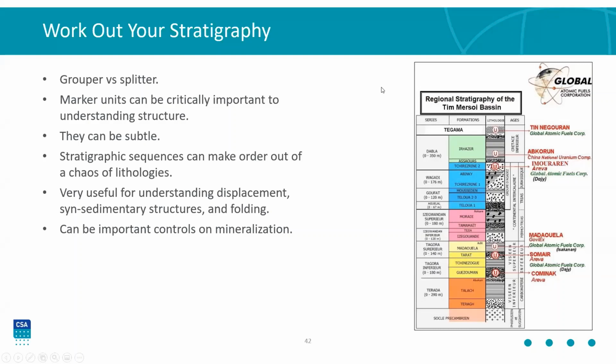And the reason I emphasize this is that these marker units or groups of units can be critically important to understanding structure. They can show you where you've got offsets. They can show you in sedimentary systems how your basin might be developing. But they don't have to always be. By stratigraphy, I'm not always referring to sediments.